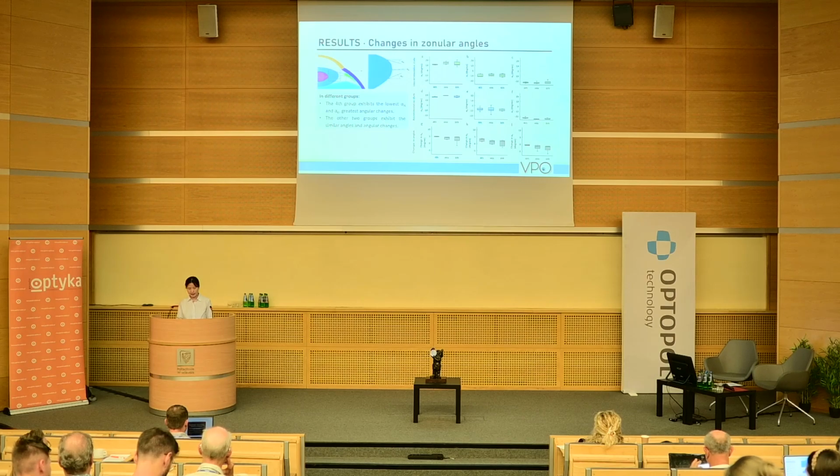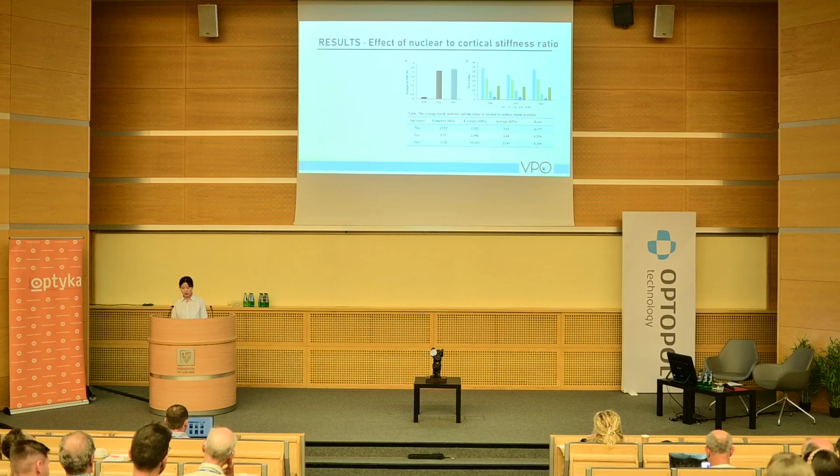This finding stresses that the lens shape affects lens zonular angles, and the maximum tensions and angular changes in the anterior and equatorial zones highlight their crucial role in accommodation.